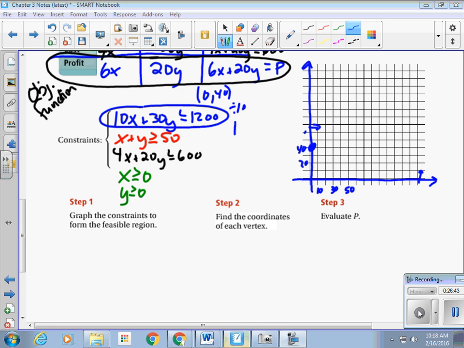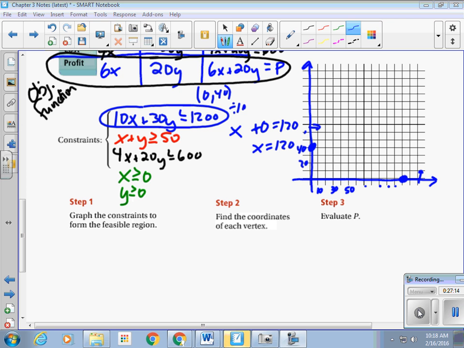So we get 10x plus 0 equals 120. Wait, I bumped it down. 10x plus 0 equals 120. So when y is equal to 0, x is equal to 120. So let me find that. 70, 80, 90, 120. So it's right here.